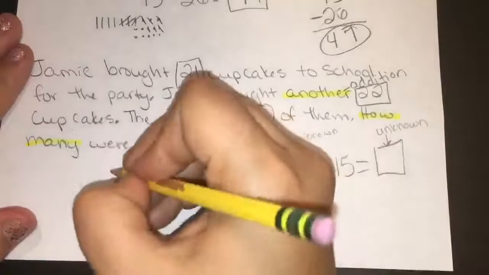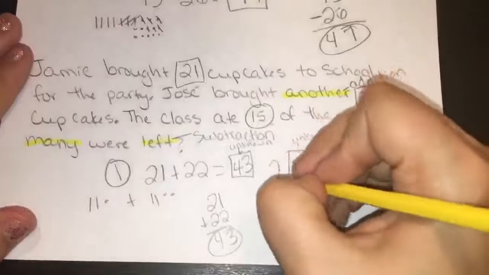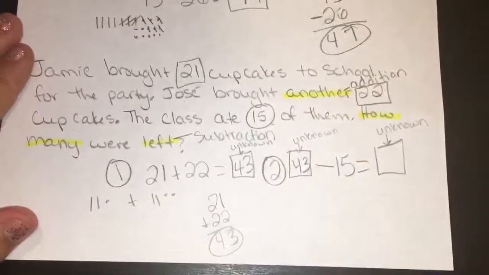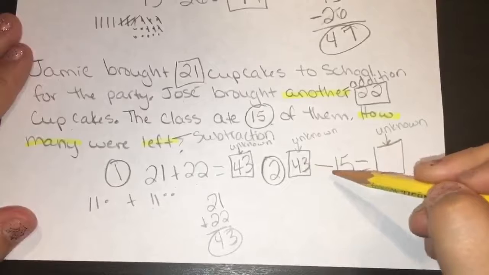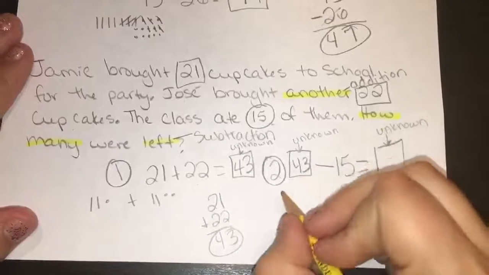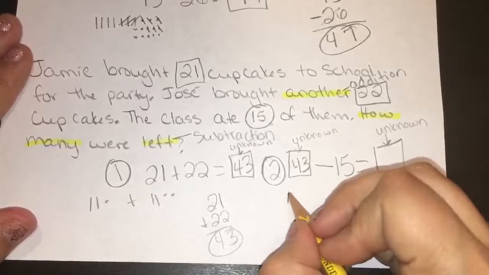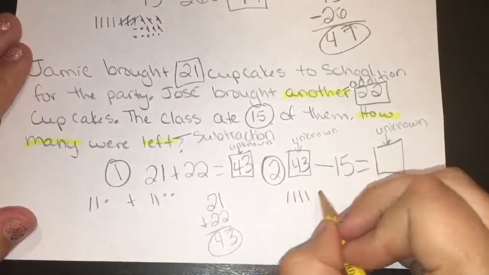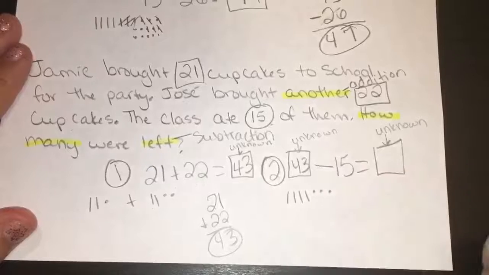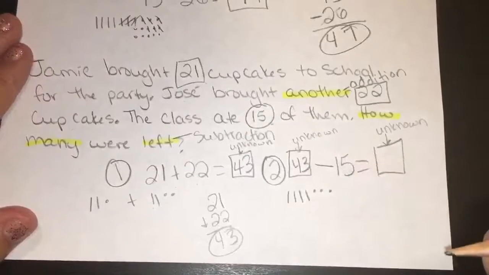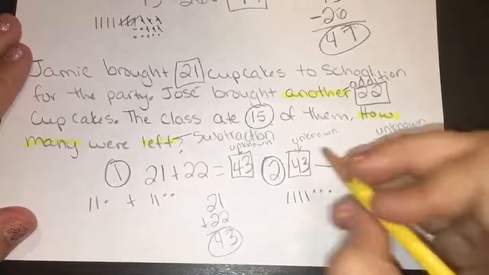Now we move on to, this was our first step, here is our second step. 43 minus 15. So in this case, let's go ahead and do our tens. 10, 20, 30, 40, 1, 2, 3. You want to subtract 15, but there are only 3 ones.